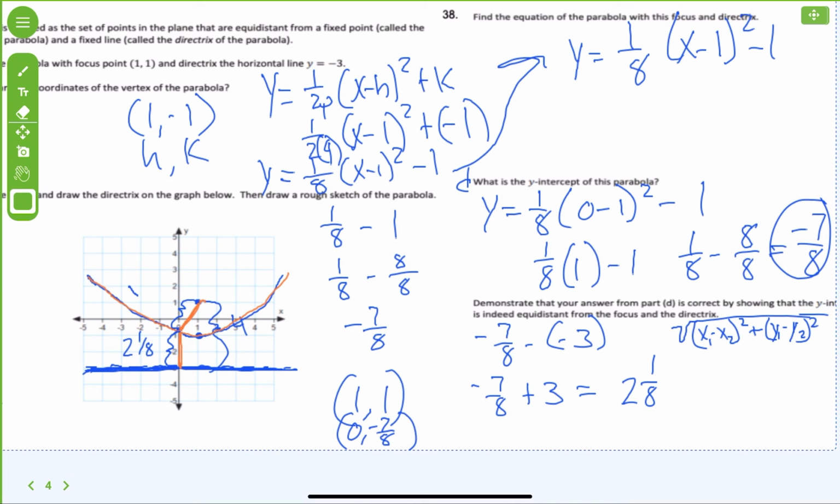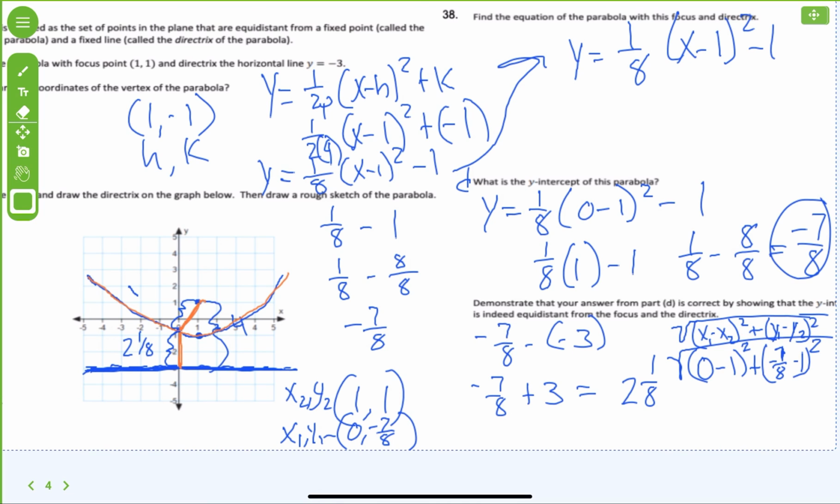So x1, y1 is 0, negative 7/8, and this will be x2, y2. Plus y1 minus y2 is going to be negative 7/8 minus 1. That's going to be squared as well.